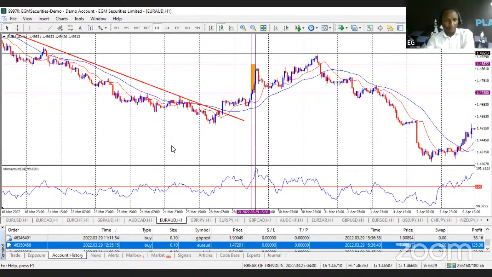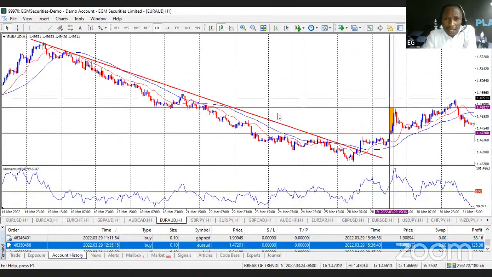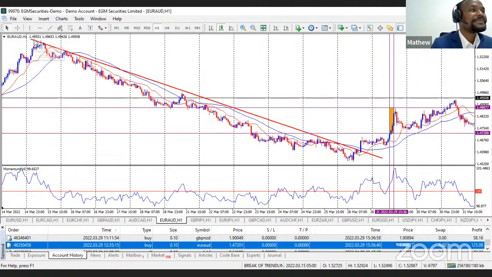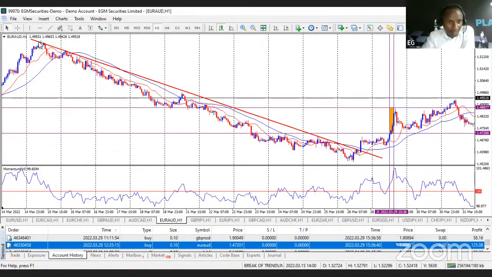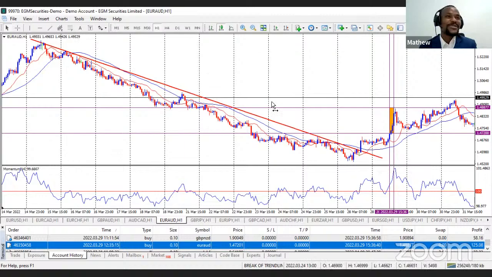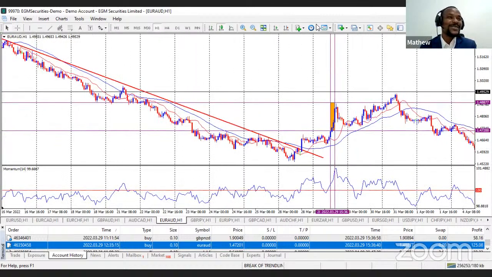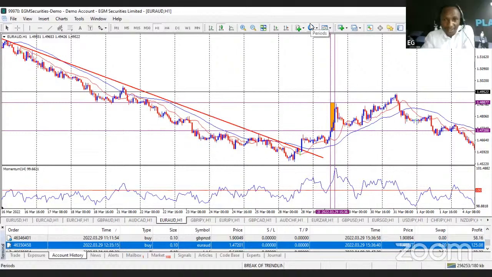Towards the end of March, we had a very nice setup. It was stretching all the way from mid-March, when we had a descending trend line structure. Towards the end of March, we had a break. I want to note something: look at that strong bullish candlestick right at the break.